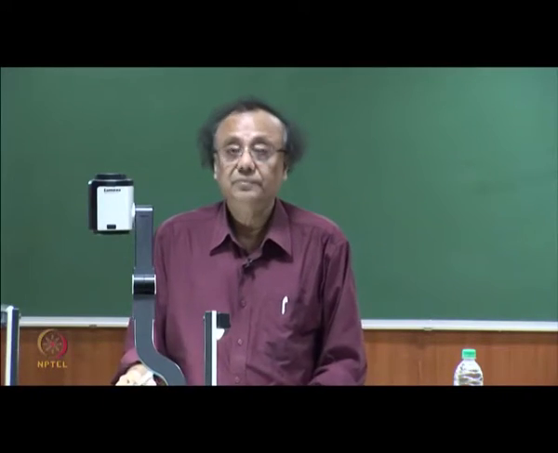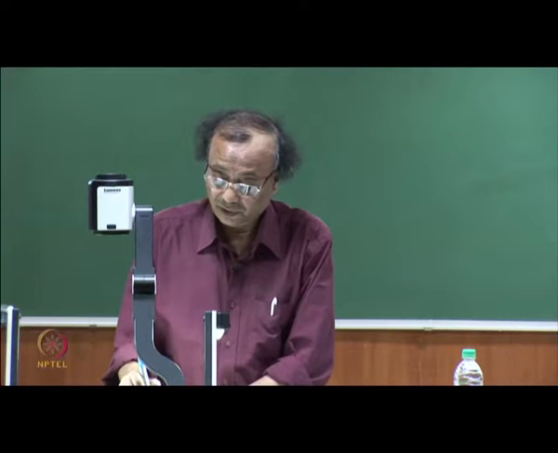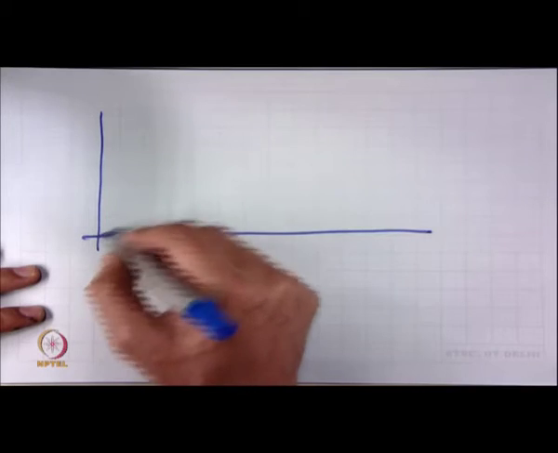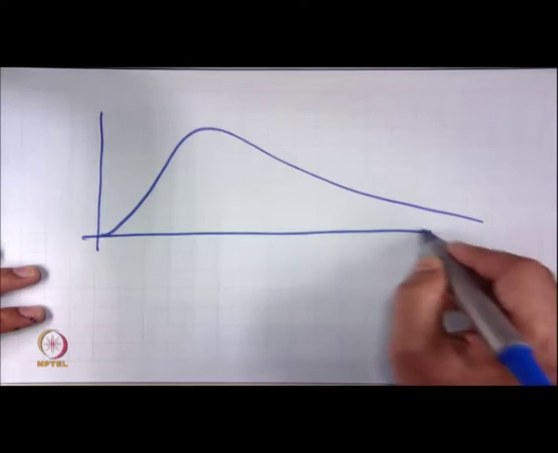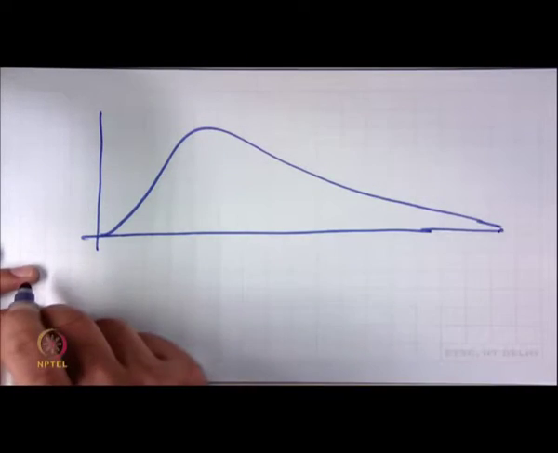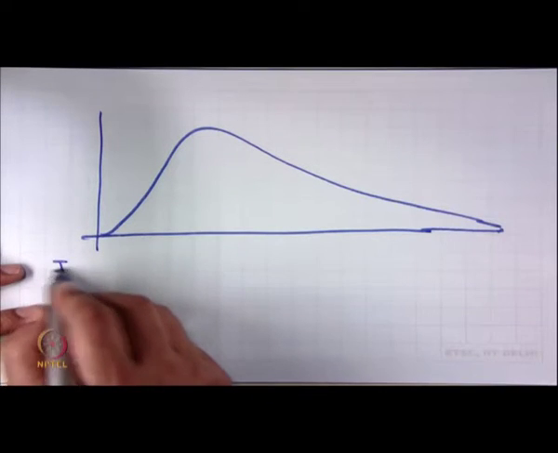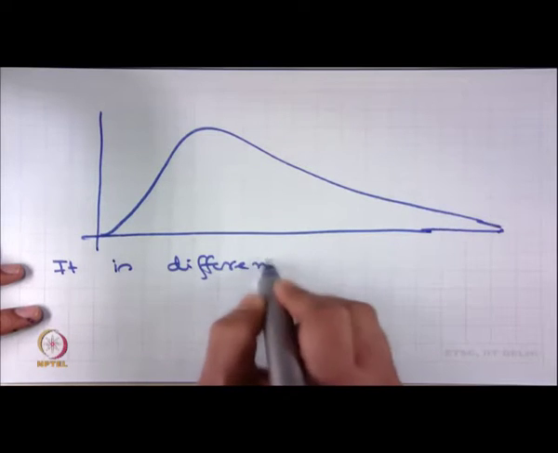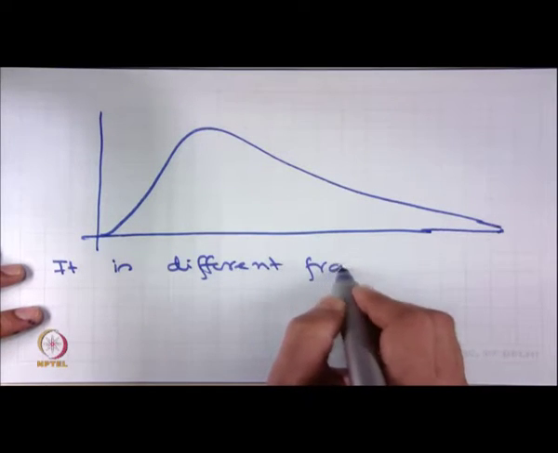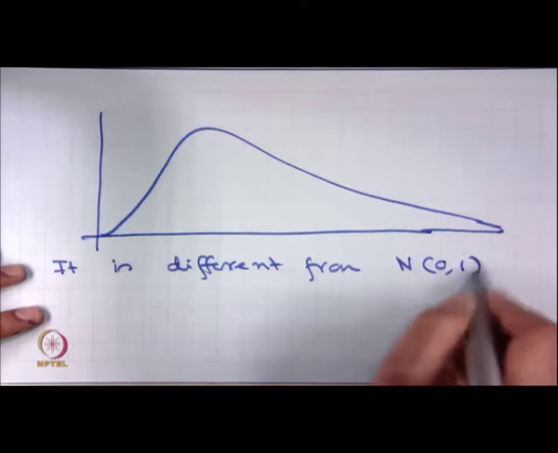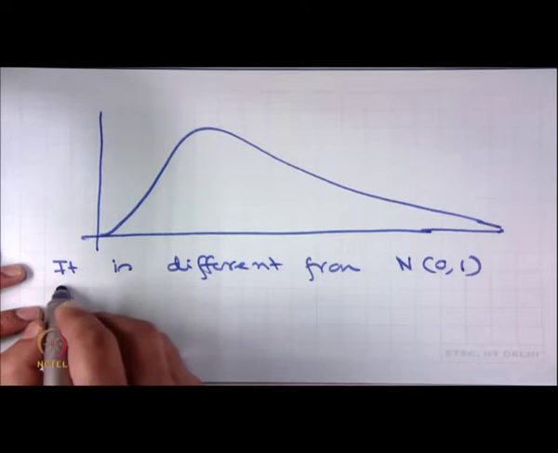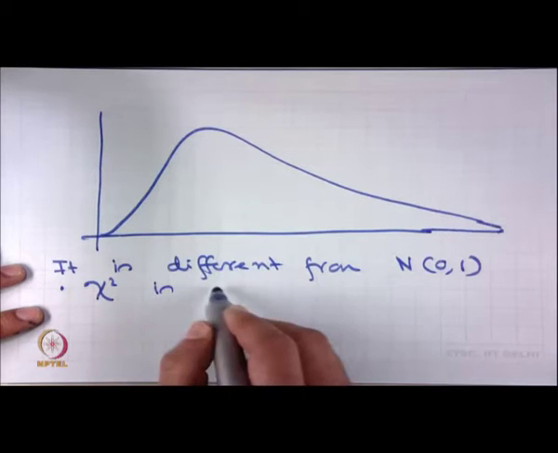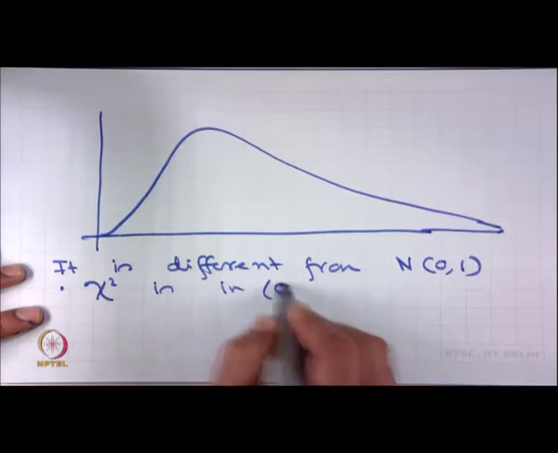In general, the chi-square distribution will have a shape like this. So, it is different from normal 0 1, as chi-square is in 0 to infinity.